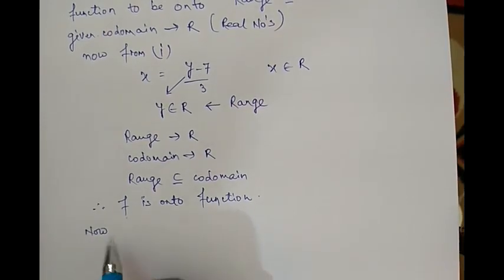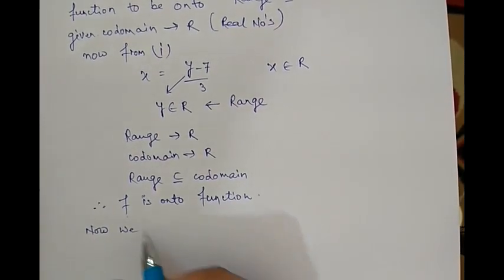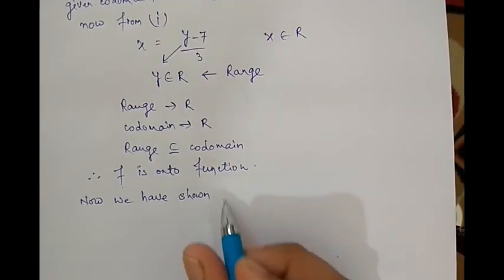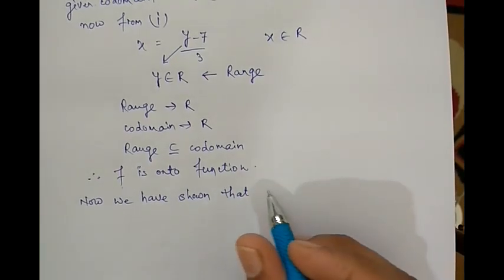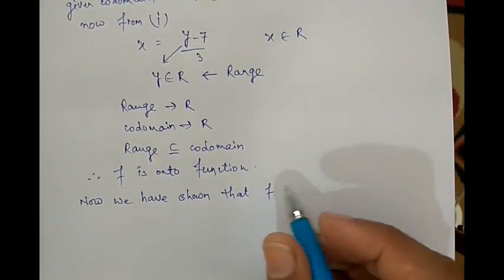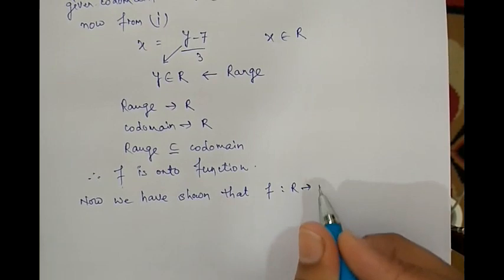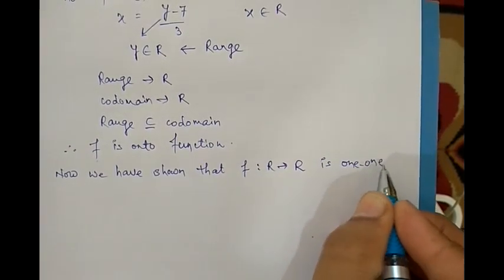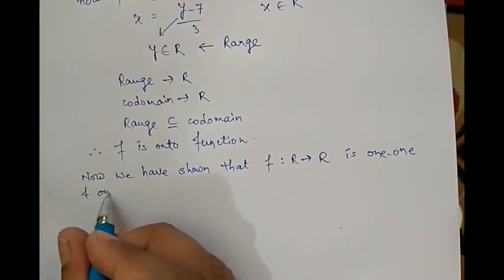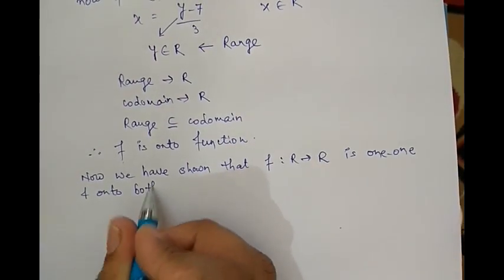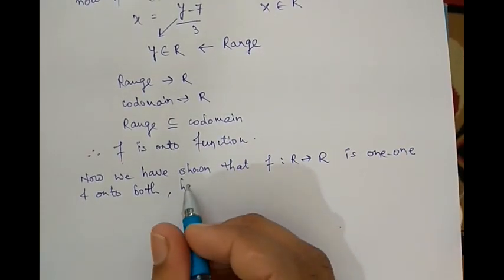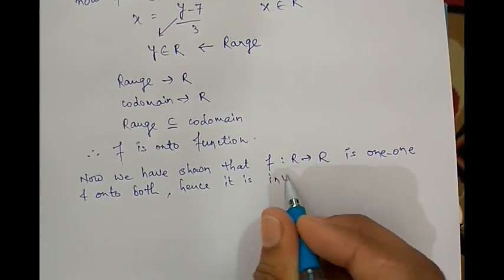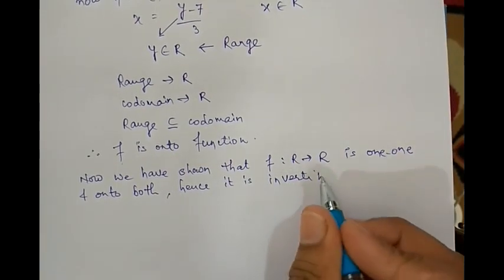Now we have shown that f from R to R is one-one and onto both. Hence, it is invertible.